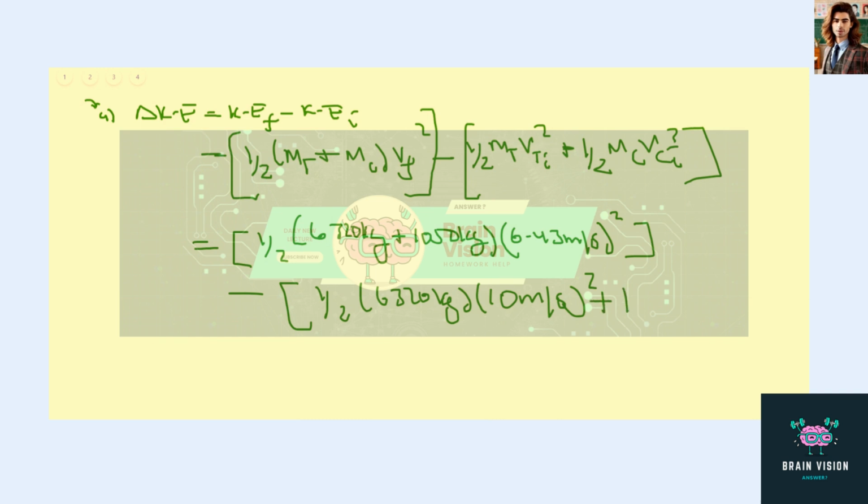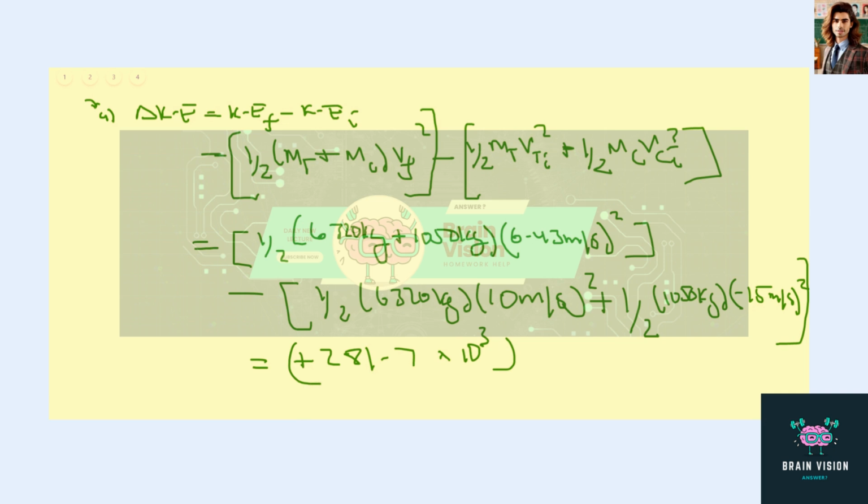And then also we have plus 1/2 times the mass of the car, 1050 kilograms, and the velocity of the car, if we go back, was negative 15 meters per second. So we have to include that squared. And so the change in part A would be positive 281.7 times 10 to the 3 joules.